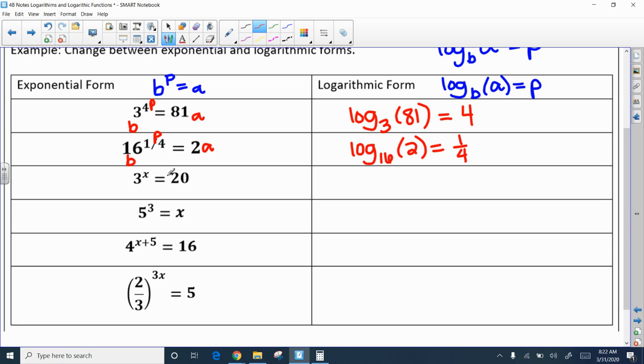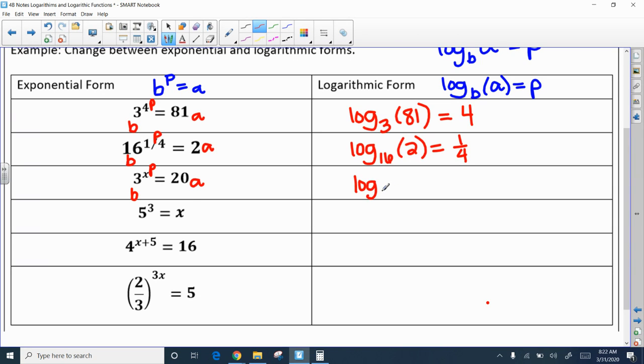All right, next one is 3 to the x power equals 20. So the base is 3, the power is x, and the a is 20. So b, p, and a. Now notice the next examples all have variables in them. Later on, this is one strategy we can use when we're trying to solve for x and actually figure out what x is. So let's change that to log form.